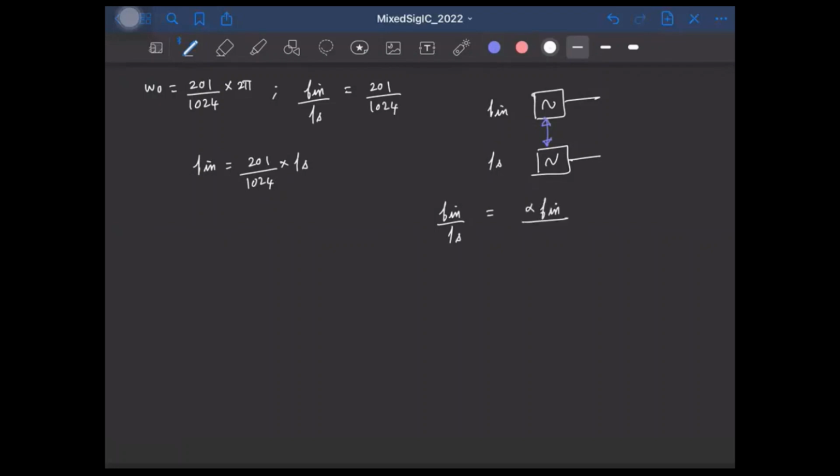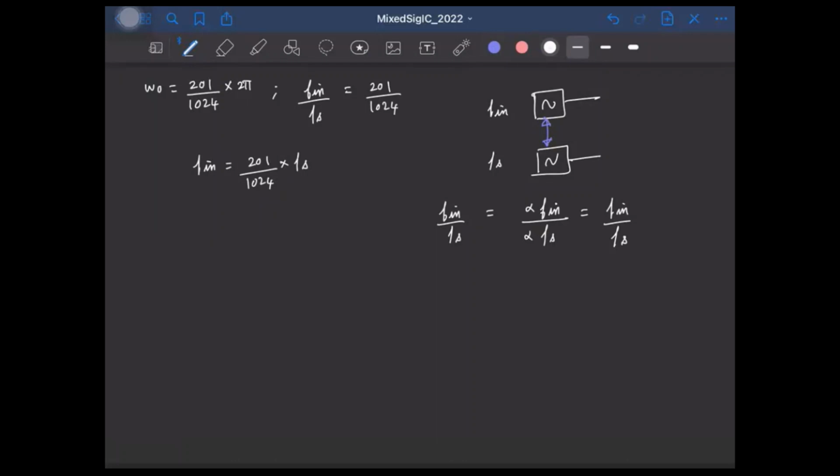But if we sync both of them, even the other source frequency will shift by the same amount, so that the fraction Fin by Fs does not change. And in some cases, you might not be able to do this. And even if you do it, there might be some error, right?